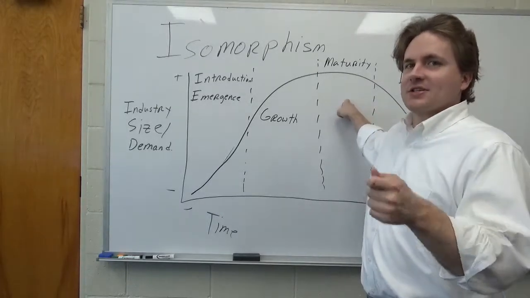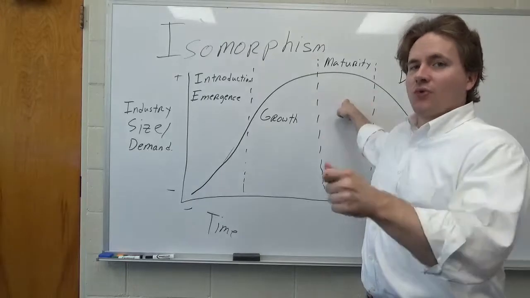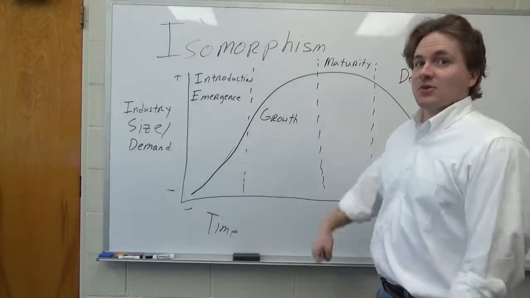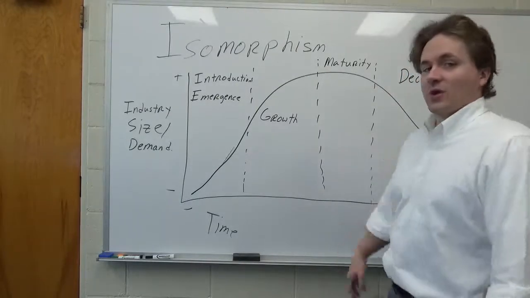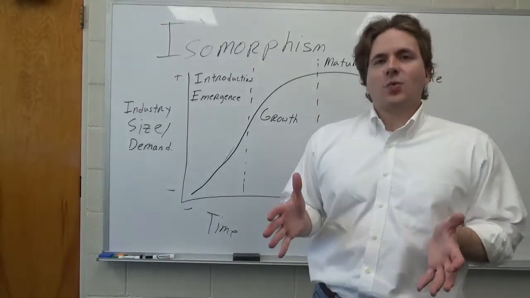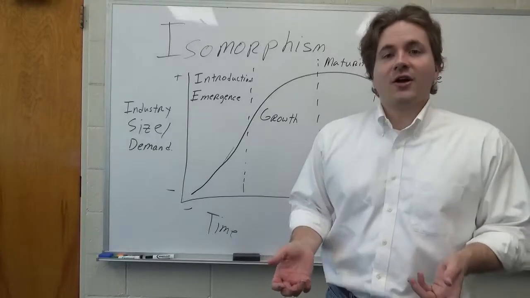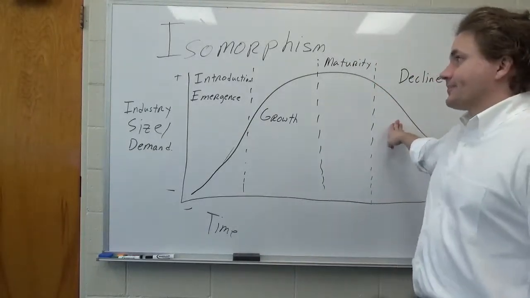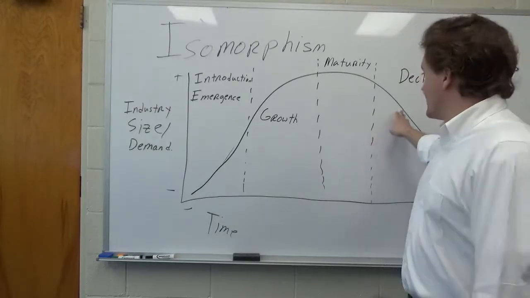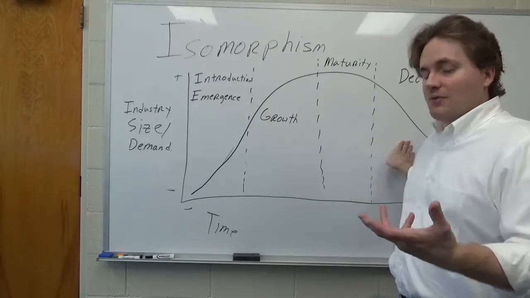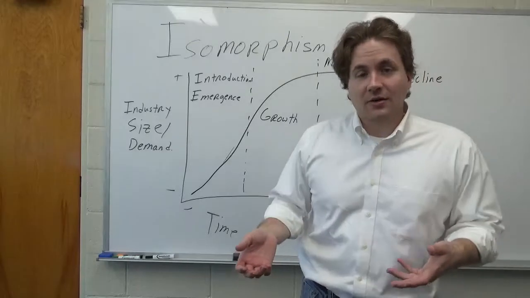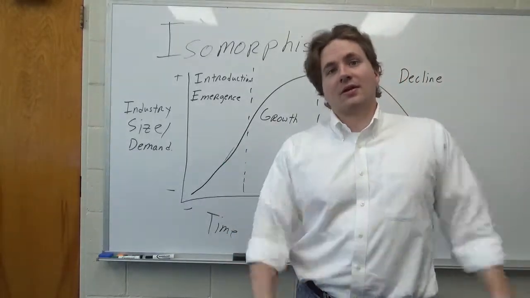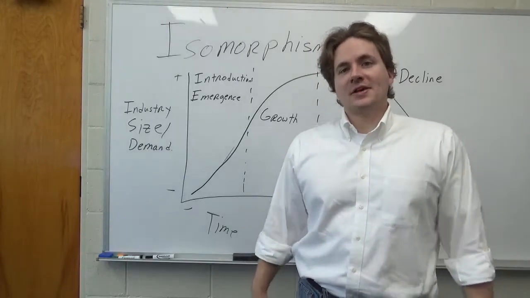What processes are the best practices for sustaining these products and this industry? That's what happens in the maturity phase. Now, some industries will also deal with a decline, and that's when customer tastes have varied or the technology has become obsolete. At this point demand is declining, and a lot of firms are getting out of this particular industry. They may try to hold on to what profits they can, but for the most part they're wrapping this up.